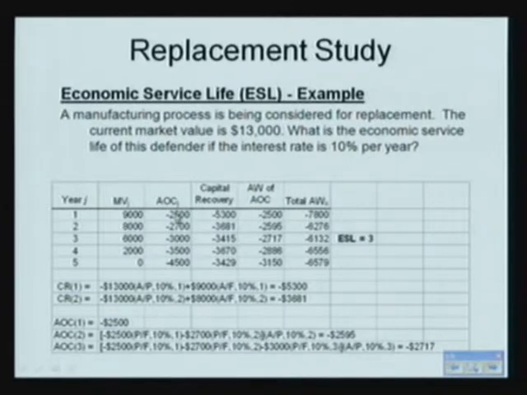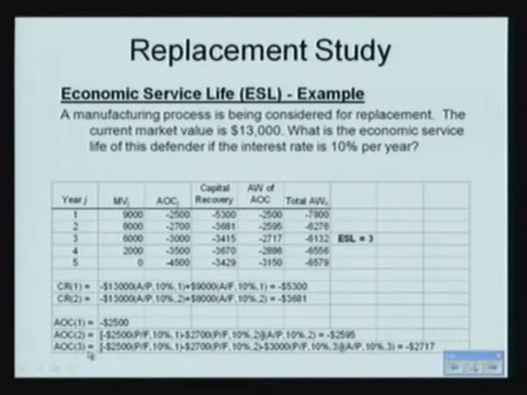I take the 2,500 and put it to time 0, so I have to discount it by 1 year. And the 2,700, I have to discount it by 2 years, so that's a P given F 10% 2. Add those together, and then I spread those out so that it's equal annual payments. I use an A given P 10% 2, and I get a minus 25.95.